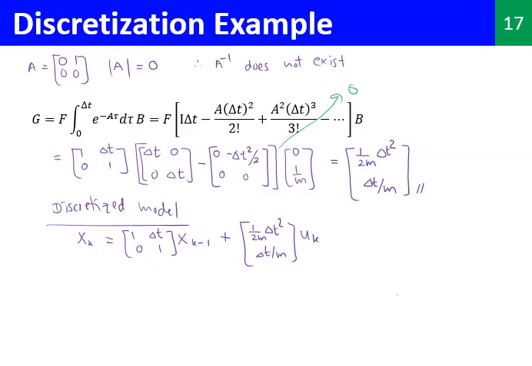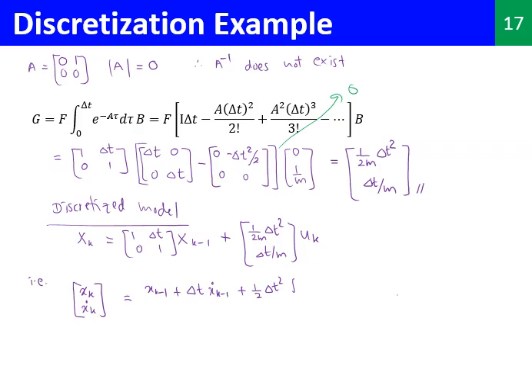Okay, now if we expand this, we get xk and xk dot, right, and on the right hand side we are going to get xk minus 1 plus delta t times xk minus 1 dot, and then we have half delta t squared.